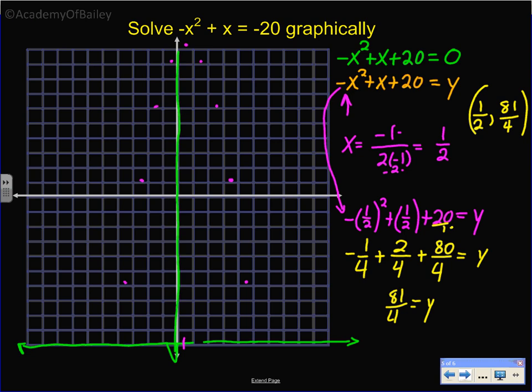And now let's go ahead and graph this. I know that's not perfect, but it's close enough, and it's about as close as I think we're going to get by freehanding it.